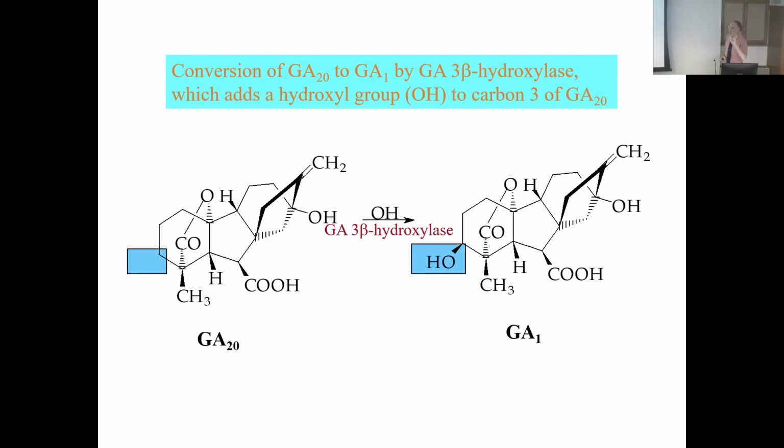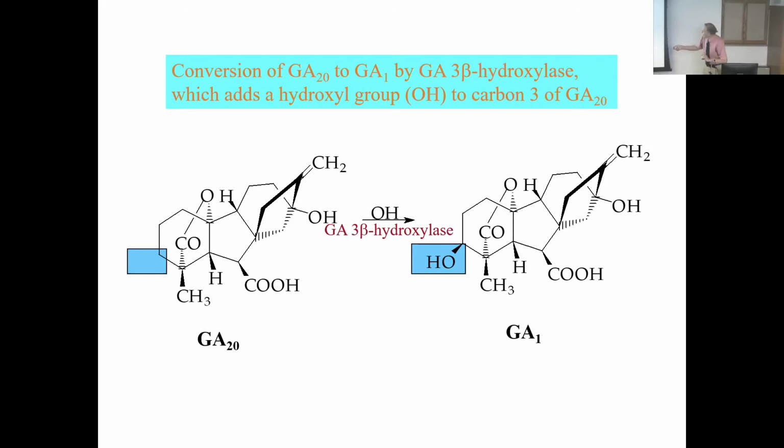And the crucial difference is the transfer from the precursor of gibberellin number 1 to gibberellin number 1. And the precursor is gibberellin number 20, GA20. And the difference between GA20 and GA1 is simply one hydroxyl group.